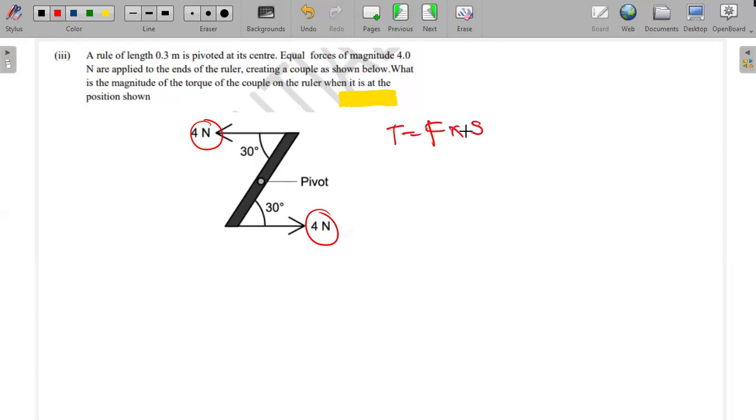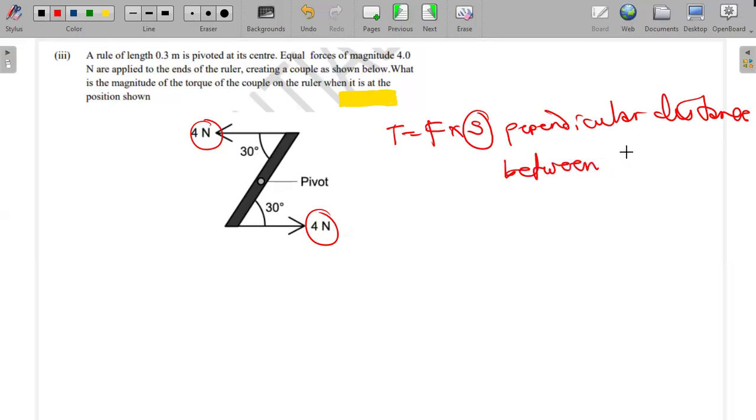When we're talking about a couple, this distance is the perpendicular distance between the two lines of action.